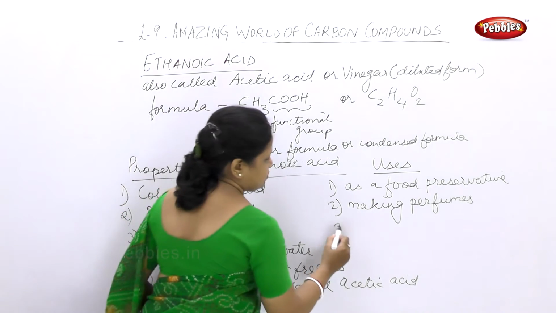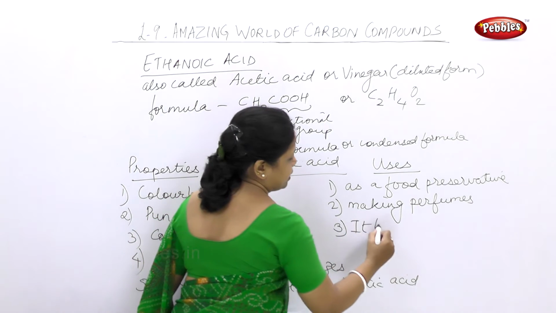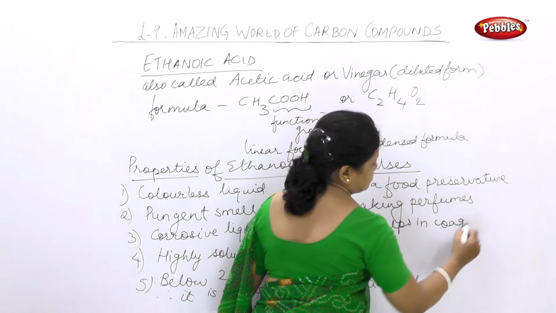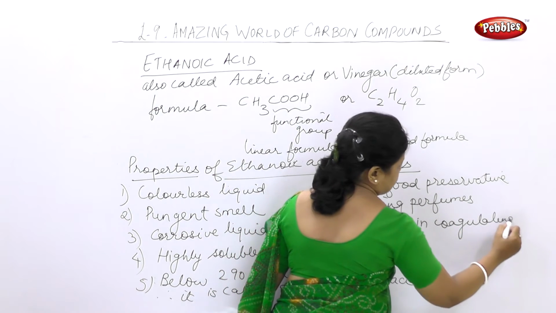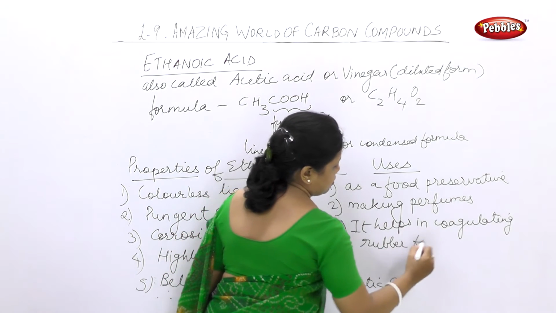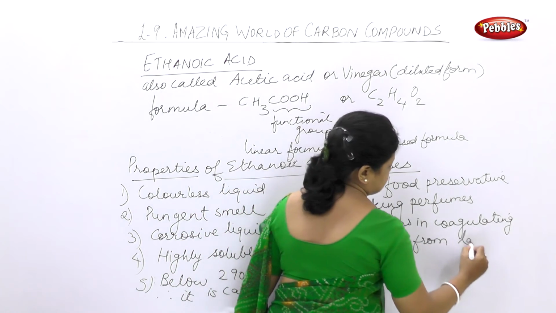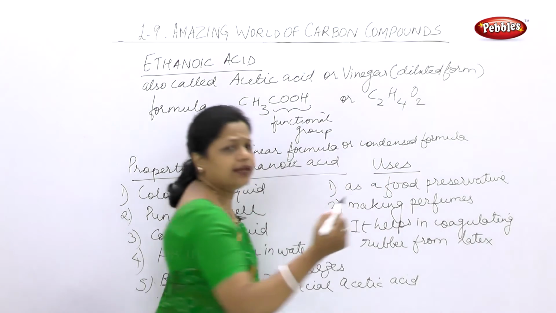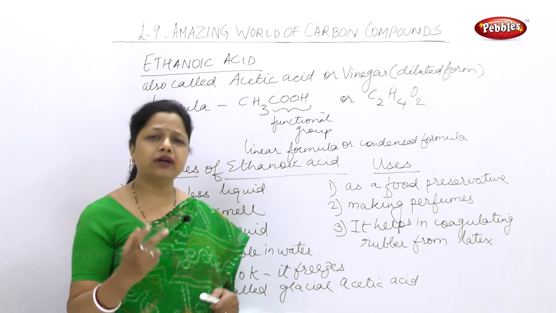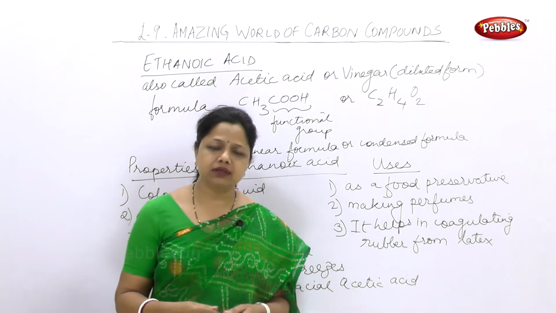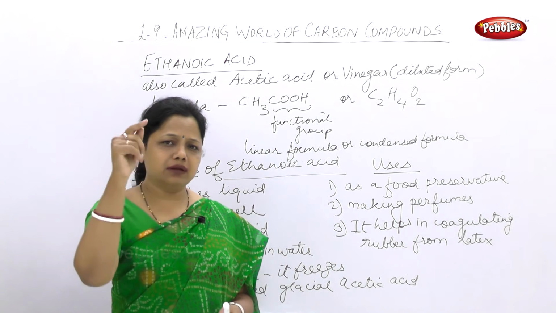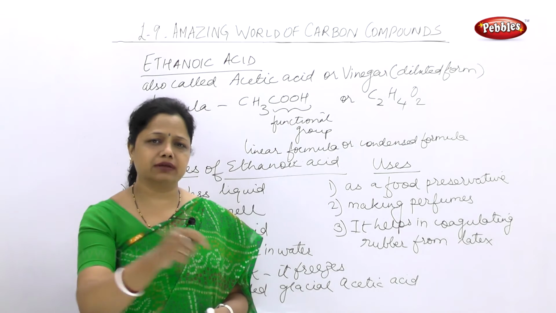Third, it helps in coagulating rubber from latex. What does this line mean? We get rubber from the rubber tree. If you have seen in any documentaries, if I scrape the outer part of the rubber plant, the rubber slowly trickles down.